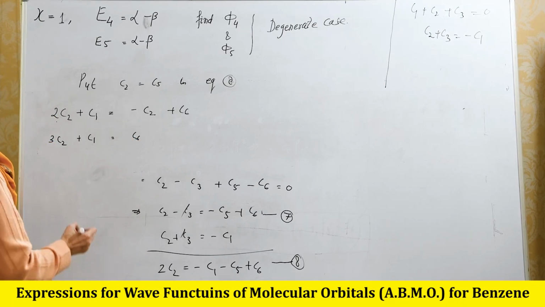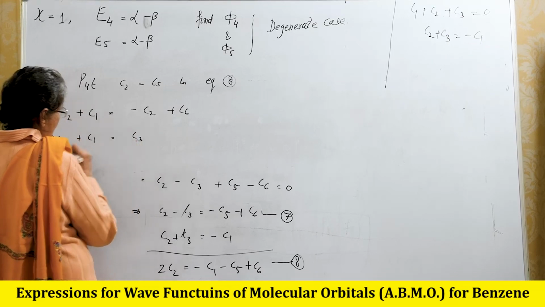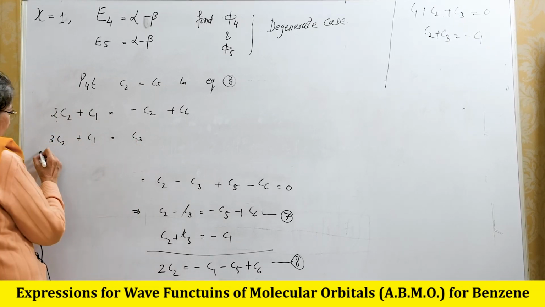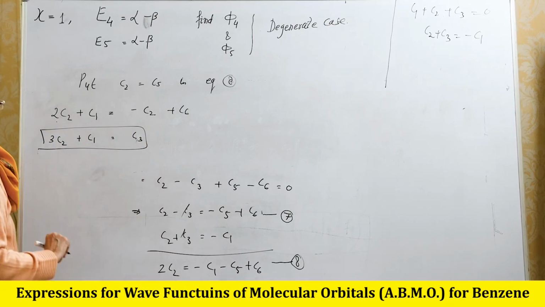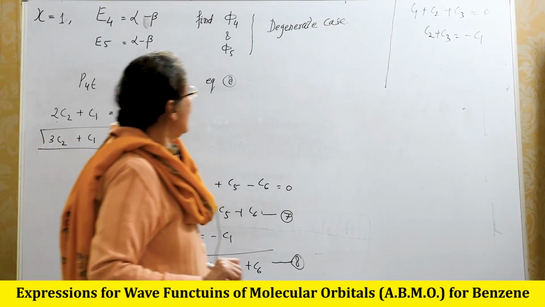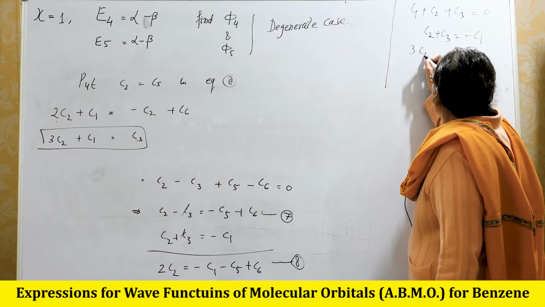This is the relationship we get, and C6 is equal to C3. So this is another relationship, 3C2 plus C1 is equal to C3.